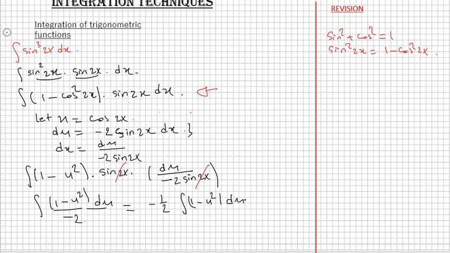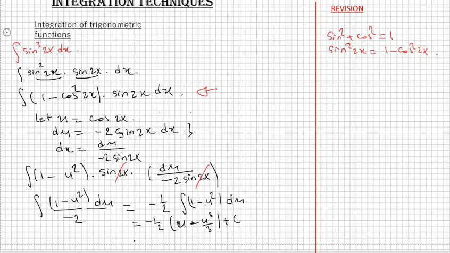So the next step is to integrate. So if we integrate that, we get u minus u to the power of 3 over 3 plus c. So now at the end, I'm gonna have to replace u by its trigonometric expression.